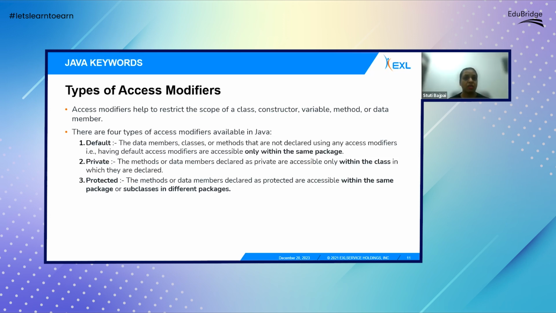So if there is a class in a different package which is not a subclass of your class that contains this protected method or variable, then they will not be able to access it. And then there is public, which, like the name specifies, is public to all the classes and all the methods and data variables.